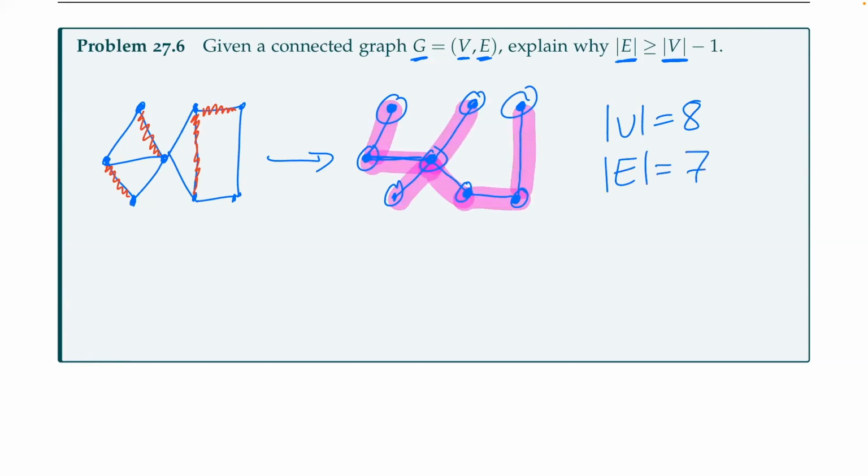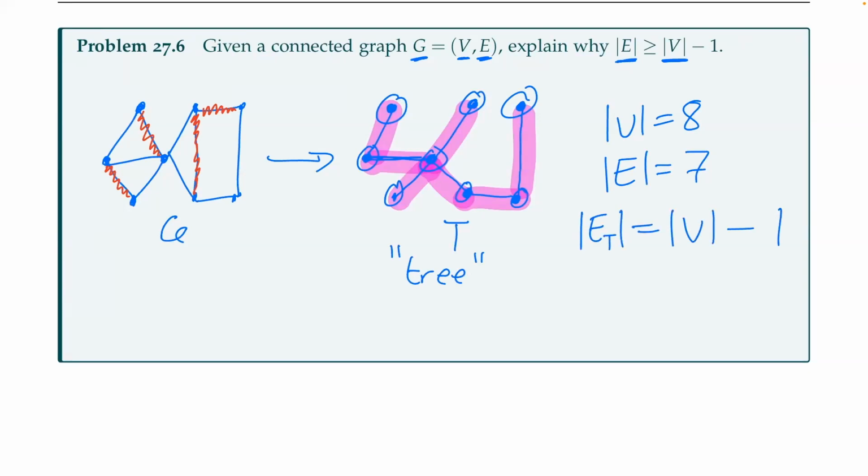So clearly, if I call this a general graph G and this T here, this is a tree. I mentioned trees at the start, that's why I'm using a T here. To reduce a connected graph down to a tree, we can see that the number of edges here is equal to the number of vertices minus 1. So that's true for a tree.